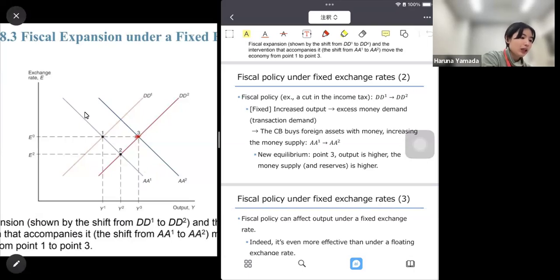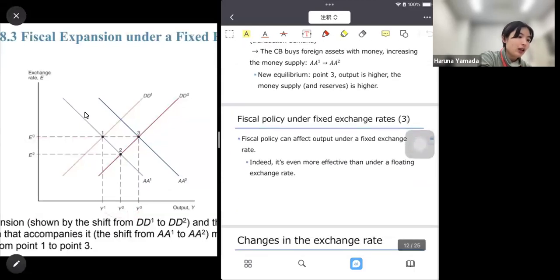At point 3, the output goes up from Y1 to Y3, and the exchange rate does not change. The exchange rate is still at the same level, but money supply and reserves become higher.